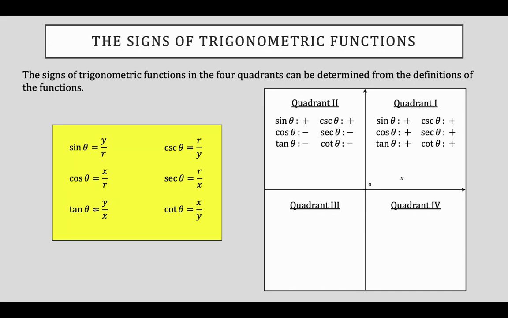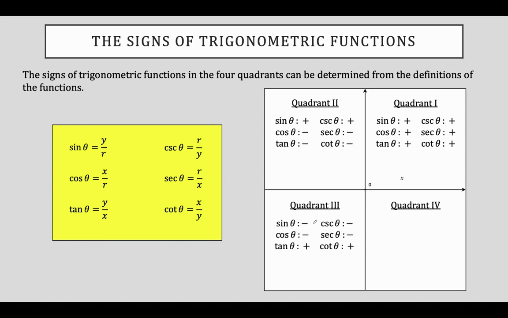The reason being, if I take a positive and divide by a negative, I get a negative. Notice that each one of their reciprocals also follows the same pattern. Cosecant is going to be positive, secant is going to be negative, and cotangent is going to be negative as well. As we move into the third quadrant, both the x and the y coordinates are negative.